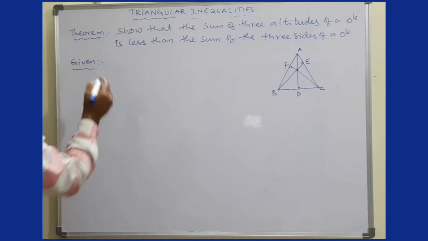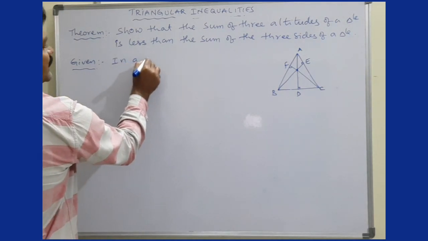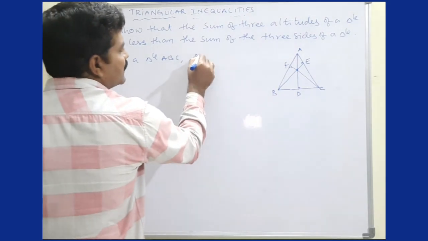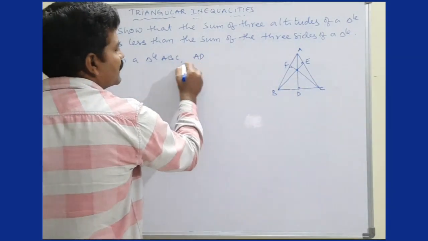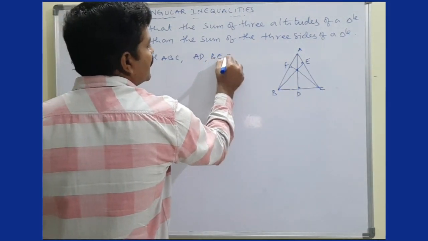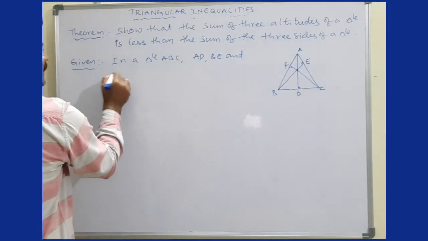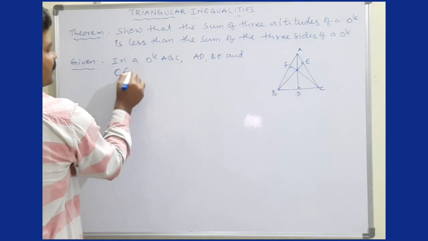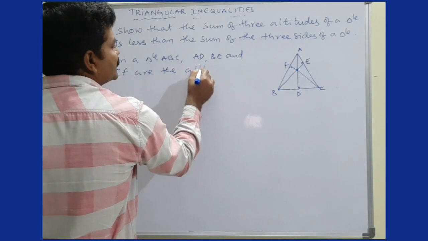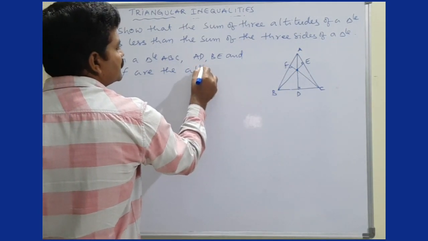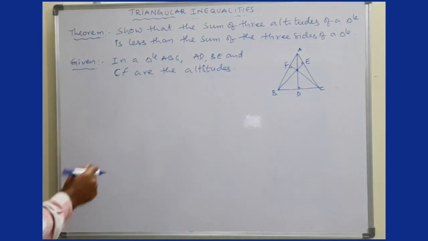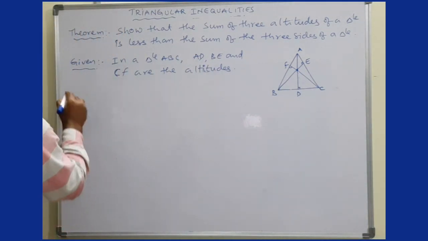So first write down what is given. In a triangle ABC, AD, BE and CF are the altitudes. Fine.